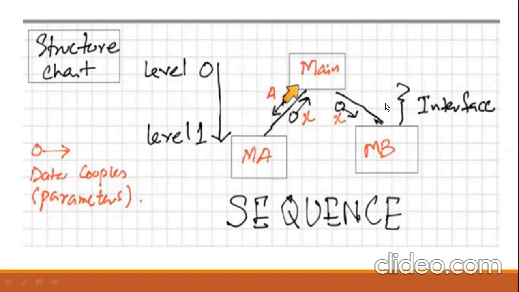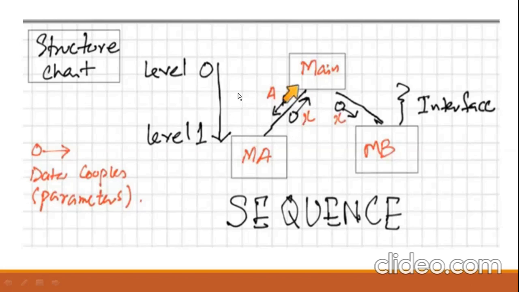So when a main module calls a submodule, there can be one or more data values passed between the main module and submodule. It is not necessary to pass a value, but in some cases there can be one or more values passed between these modules.